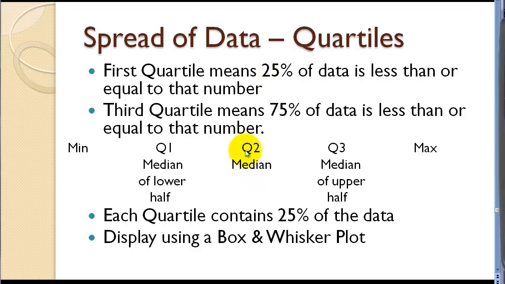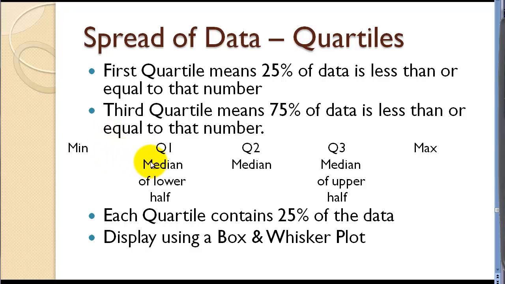The median is the middle, so that would also be Q2 for quartile 2. The third quartile is halfway between the max and the min. That's 75% of the data. And the max would be Q4. Each of these contain roughly the same number of data items, and they each contain 1/4 of the data.